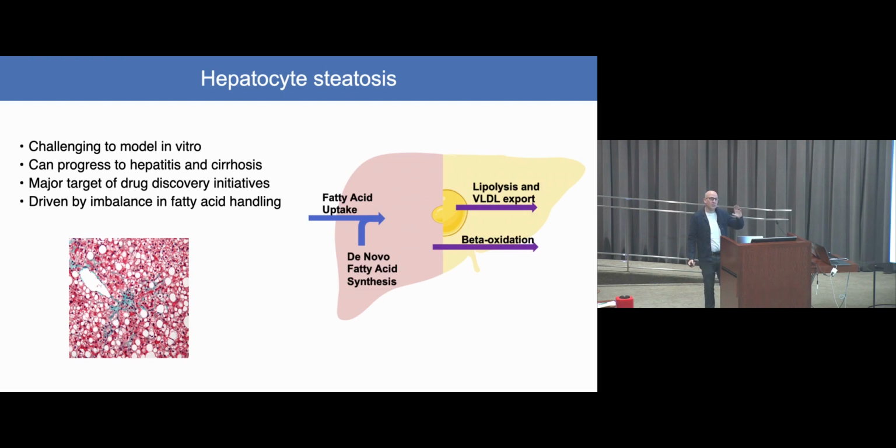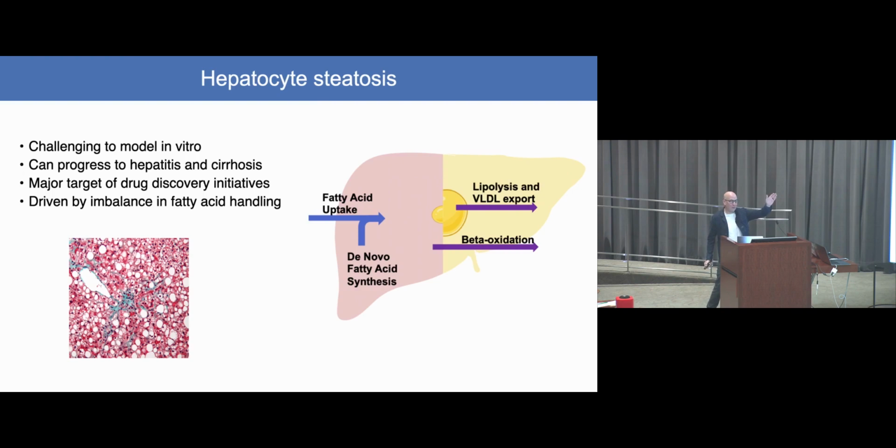So both VLDLs and the ketone bodies go to the blood, and they basically, for example under starvation conditions, feed your muscle, feed your brain with glucose, et cetera. So this is its role as a dispatcher.